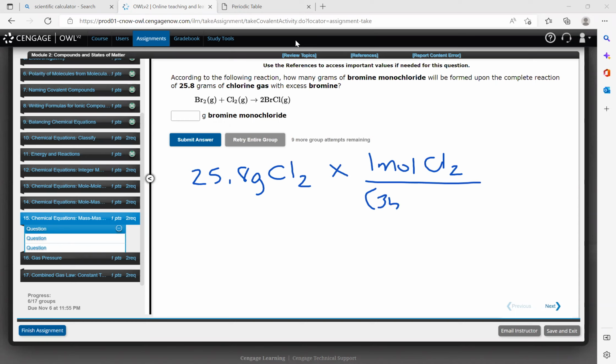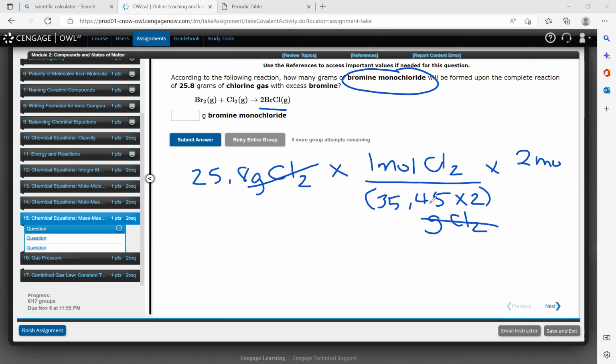It's 35.45 times 2 grams Cl2. Again, you can get that from the periodic table. Cross this out. And now we want to go to bromine monochloride, which is going to be this guy here, times 2 mole BrCl over 1 mole Cl2.